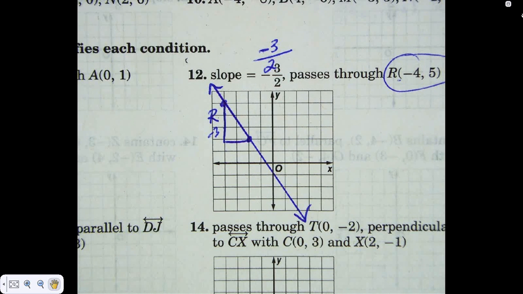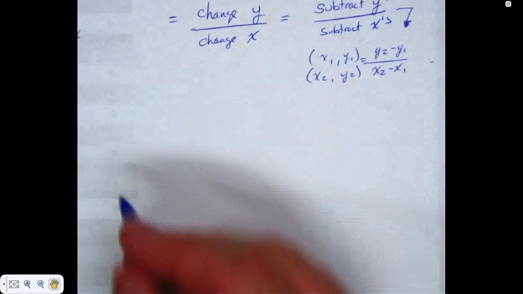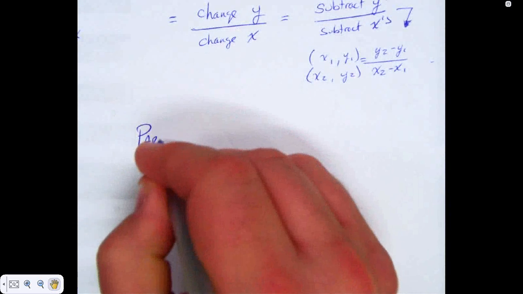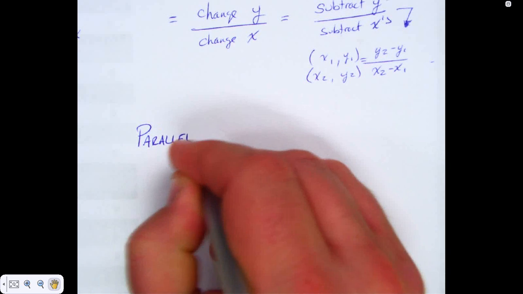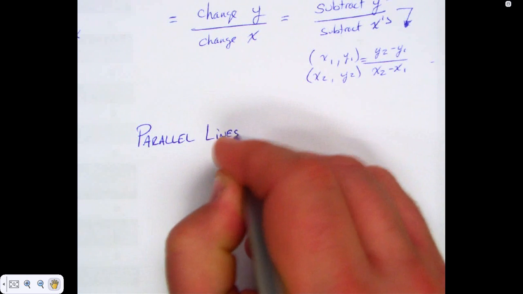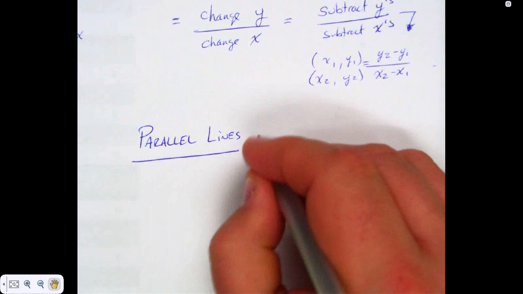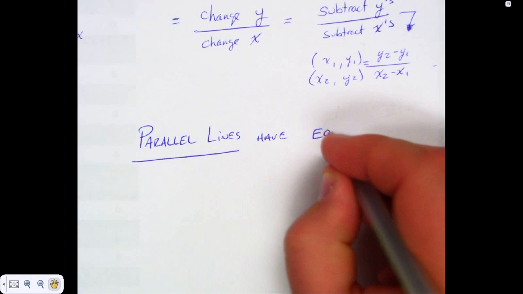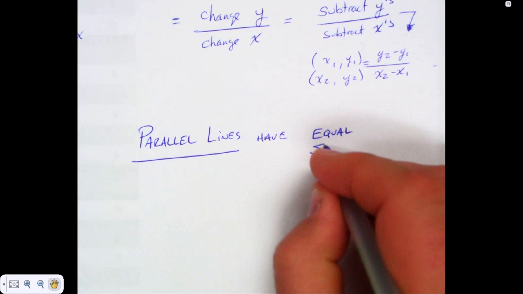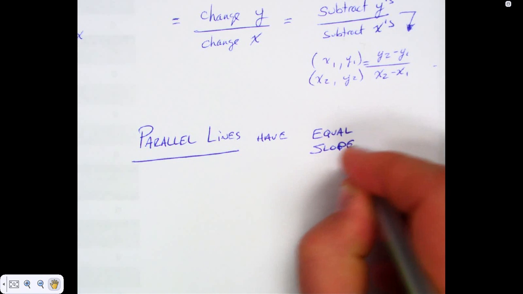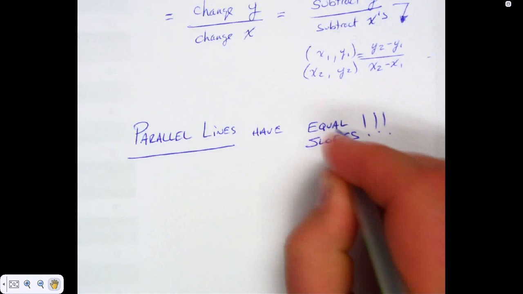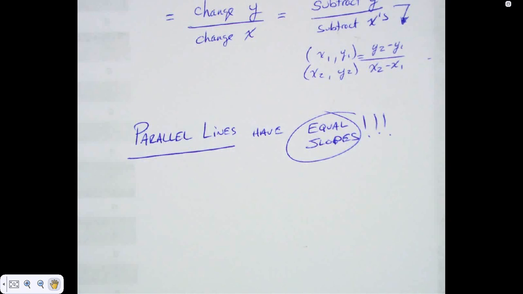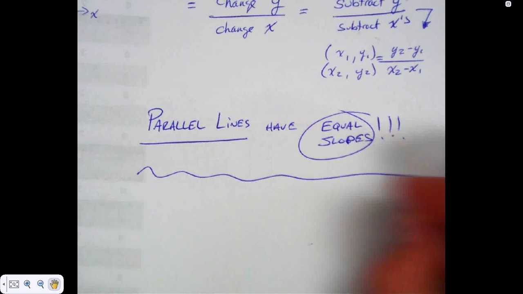Now, these last 6 problems on this page have to do with this fact. Parallel lines have what? Equal slopes.